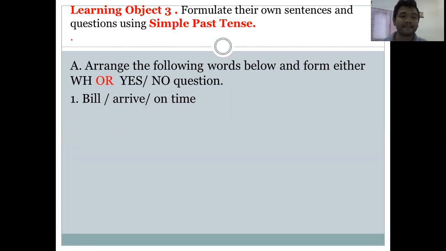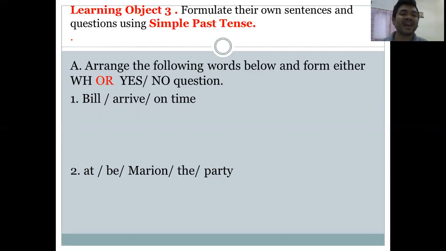Number 1, Bill, arrive, on time. So this is a yes or no question using the auxiliary verb did. Can you formulate your question here using the auxiliary verb did? I'll give you 5 seconds.